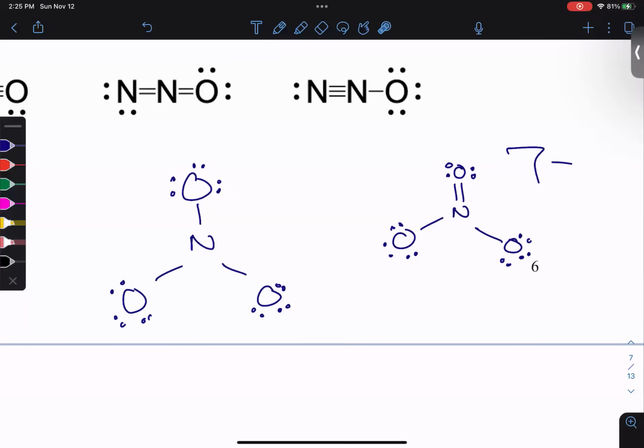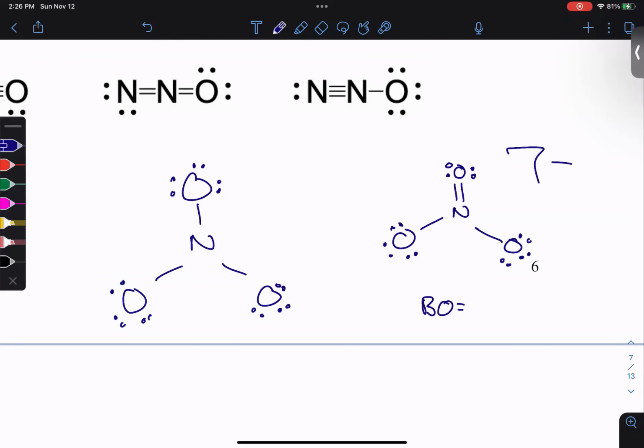Okay. So in this one, yes, we want to make a double bond. The real reason is because of formal charges. So in this example, we do not see a short bond and 2 long bonds. We don't have a molecule that has a short bond and 2 long bonds, so we don't see bond orders of 2 and 1.